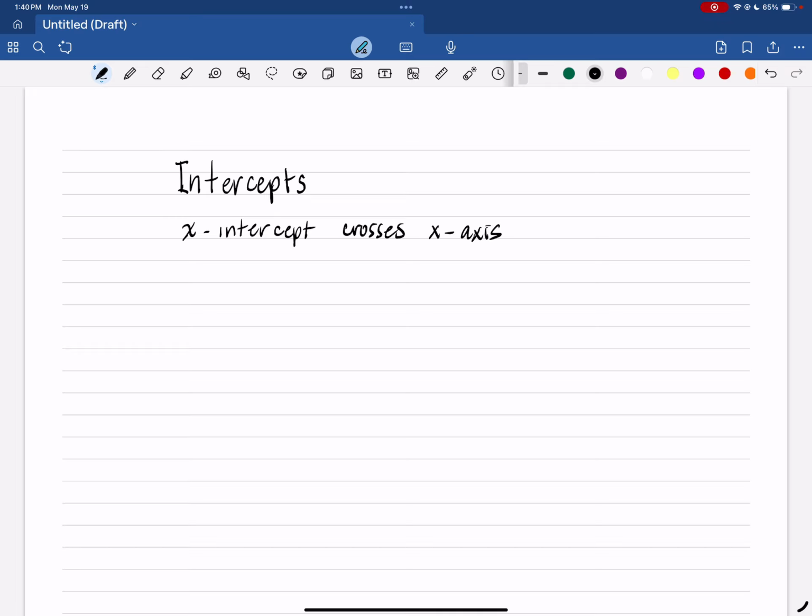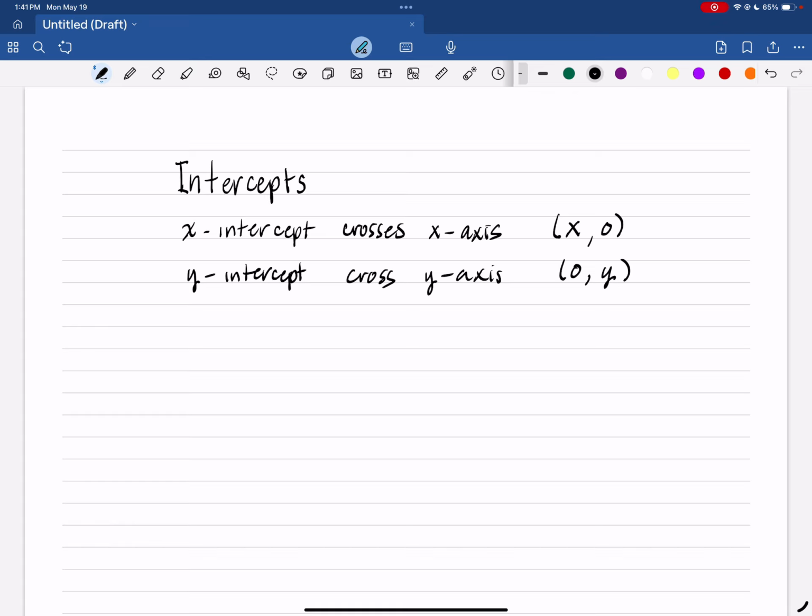And so it's going to be a point, something on x, but y is going to be 0. For the y-intercept, that's where it crosses the y-axis. That's going to be at 0, y.